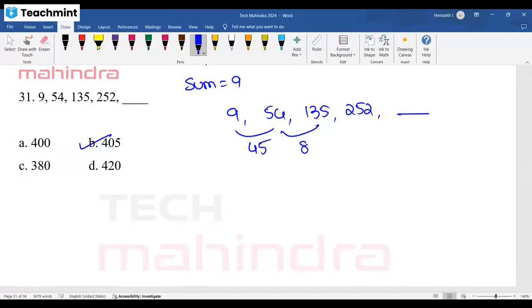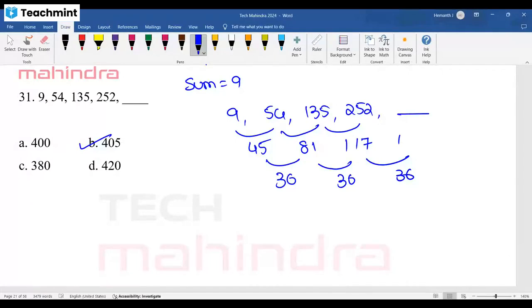Again, if you take the difference, what's the difference here? 117, right? This is 36. Here 36. Again, if you add 36, it will be 153. If you add 153 to 252, which is 405.